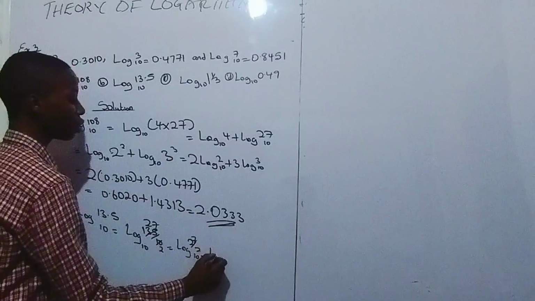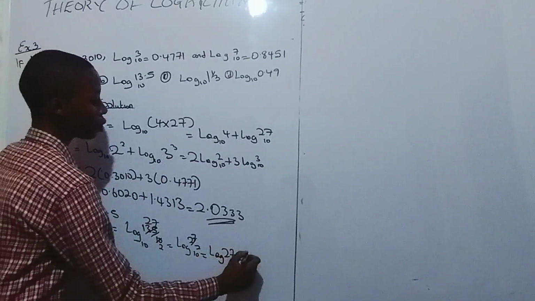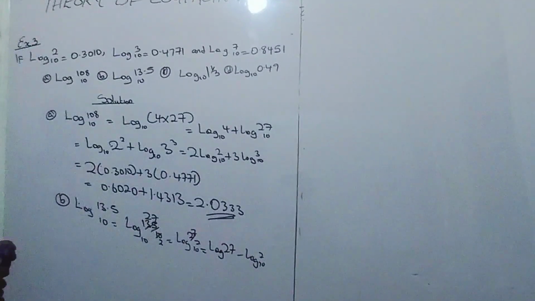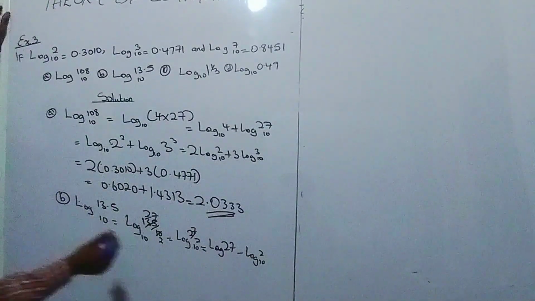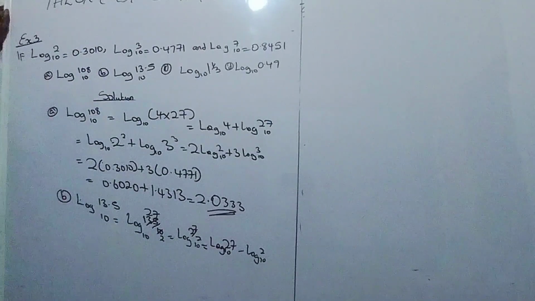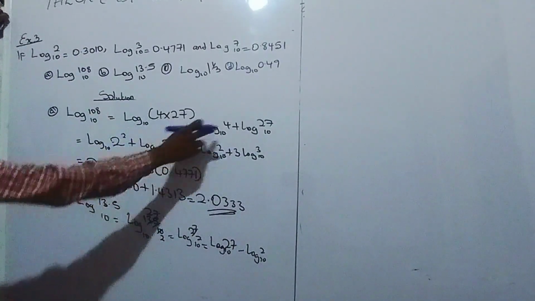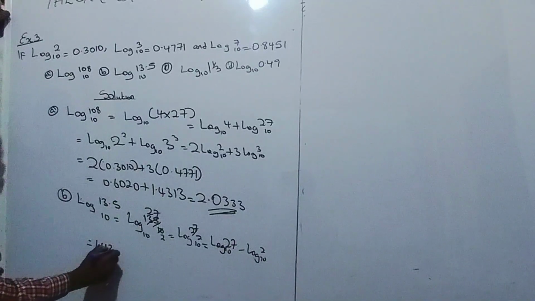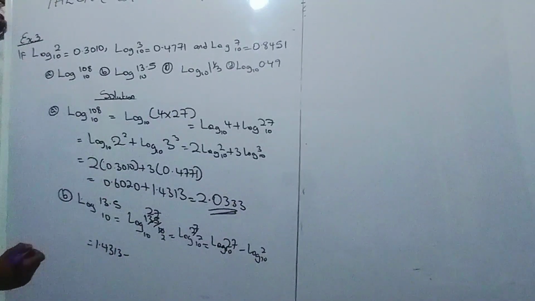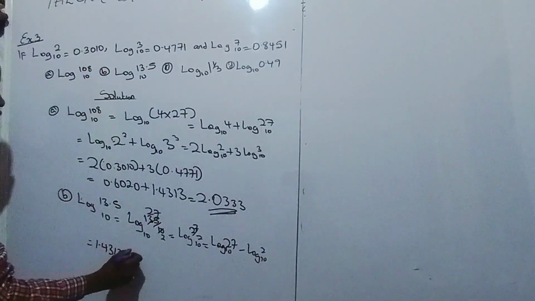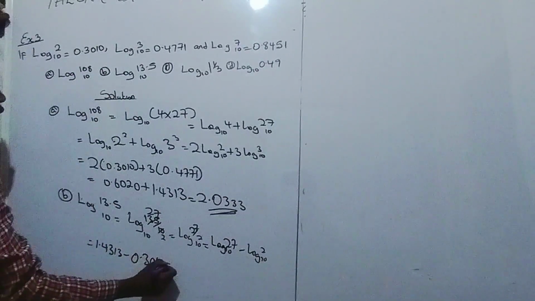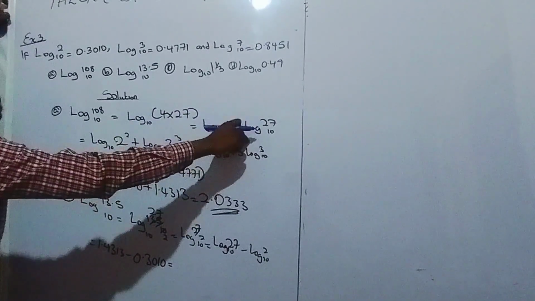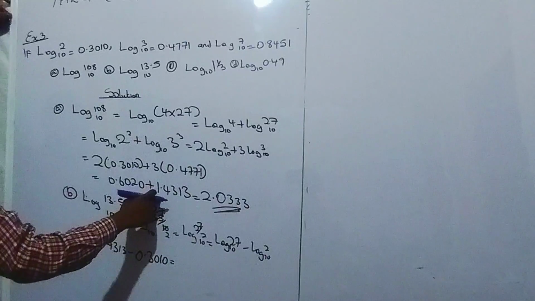They are dividing, that is log 27 minus log 2 base 10. So with base 10, as we've done here, log 27 gave us 1.4313 minus log 2 base 10, which is 0.3010.